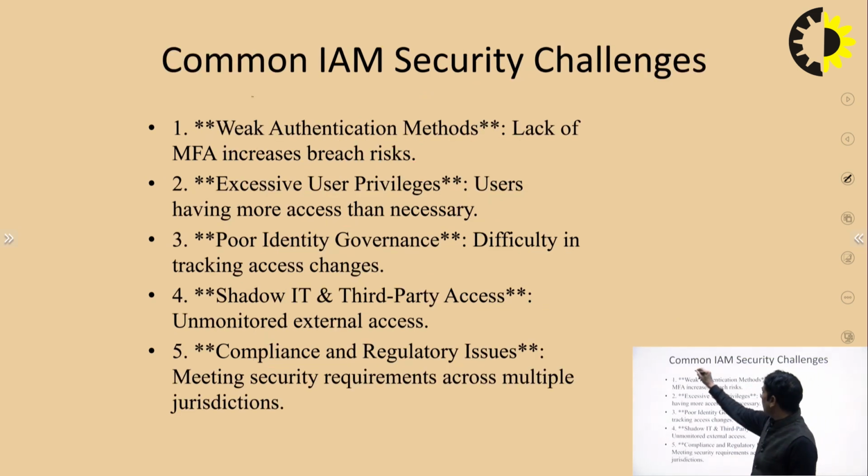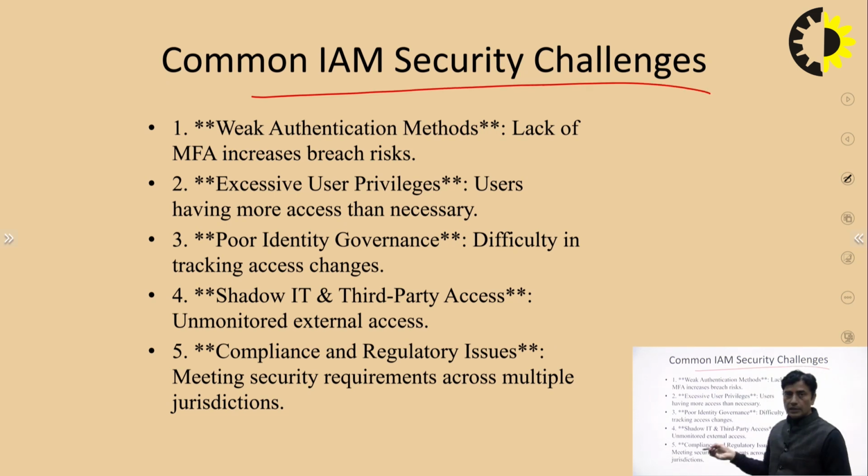Common IAM security challenges. What are the security challenges of IAM? Weak authentication methods. You are using authentication, but it is weak, meaning the password length is small, or you only allow passwords with only alphabets or only numerals. For a strong password, there should be alphabets, numerals, special symbols, as well as small and capital letters.